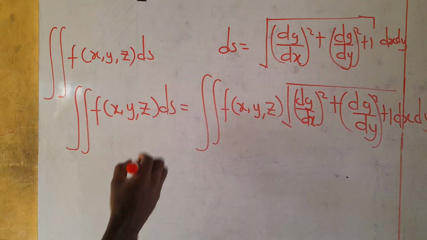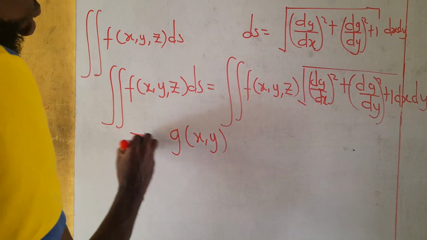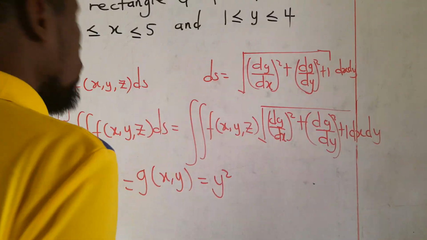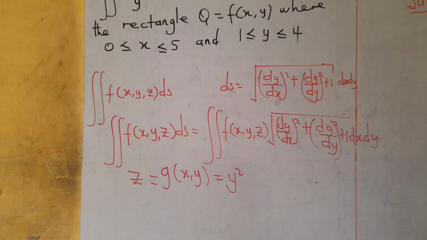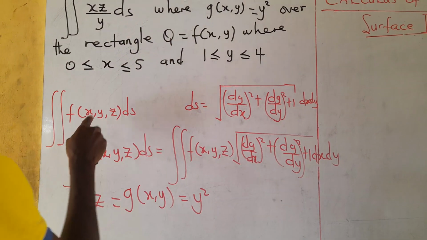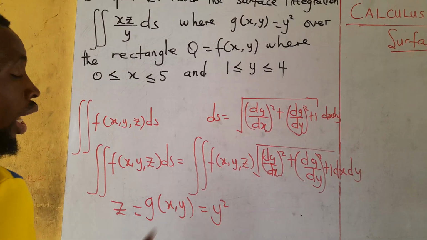And remember we said that z is equal to g of x, y, and it is equal to y squared from the equation. So we can rewrite this, and f of x, y, z is, remember, xz over y, and z is y squared.